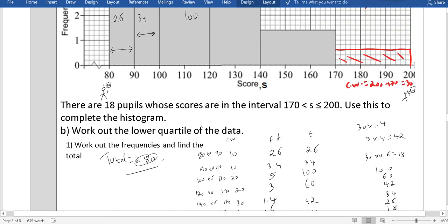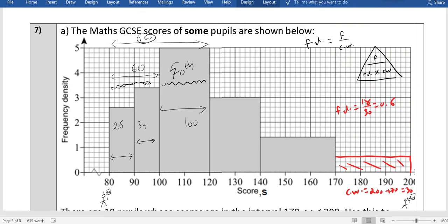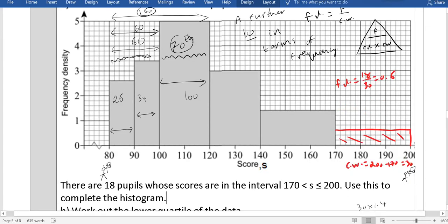Now, what we need to do is remember that we're after the 70th person, and the first 60 people are in the first 2 bars. So we need to go a further 10 in terms of frequency. Now that sounds really complicated because the graph doesn't show frequency, it shows frequency density. So we need to use a little bit of algebra.